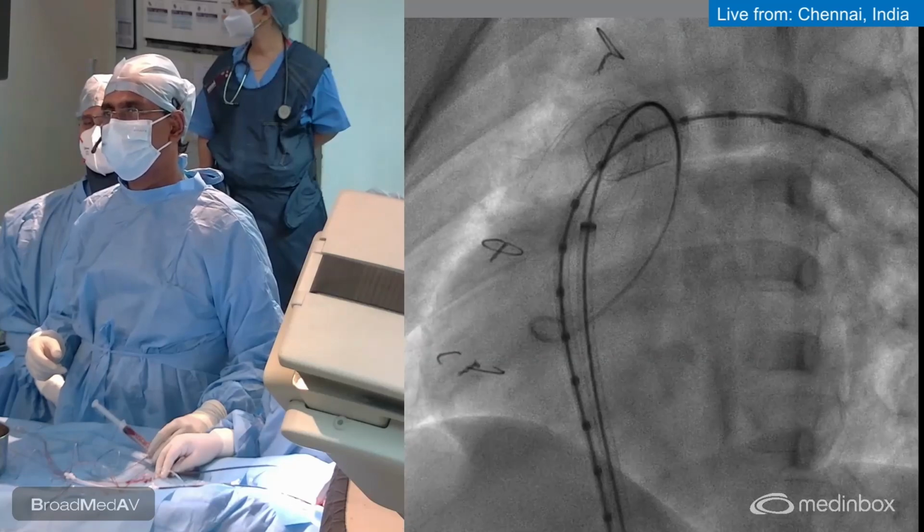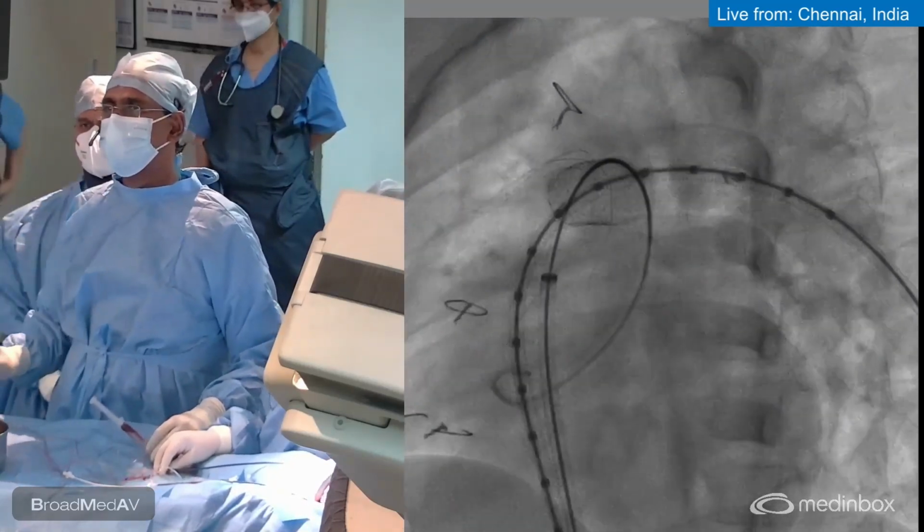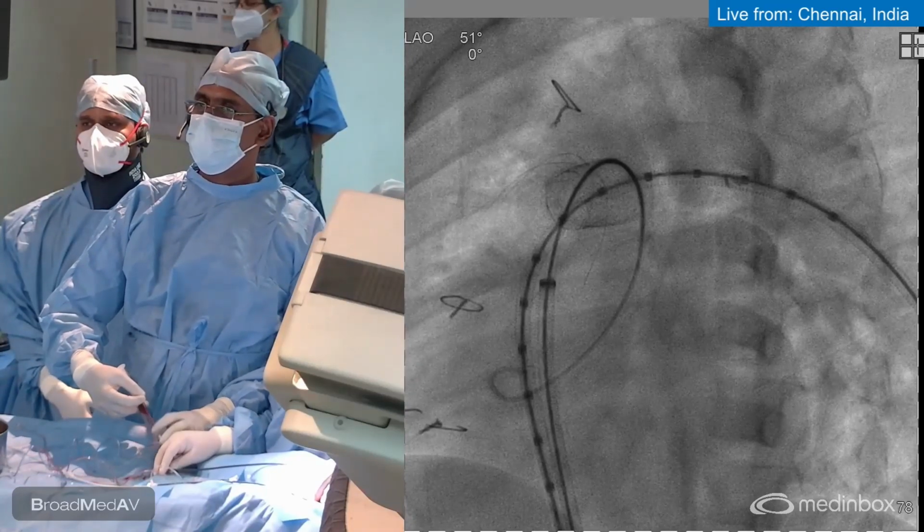Can we get one mag on this? Yeah. Can you bring the table towards me and towards you? Correct.